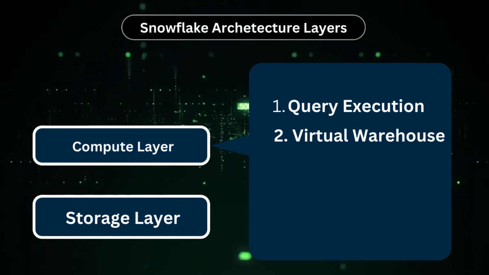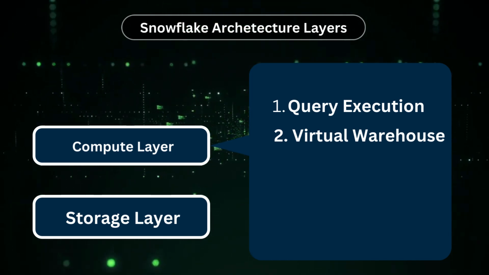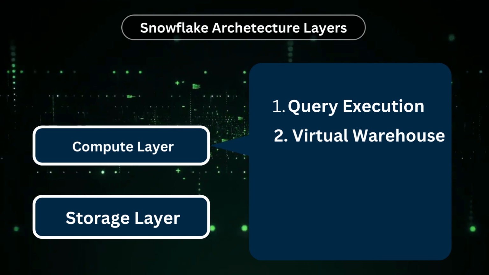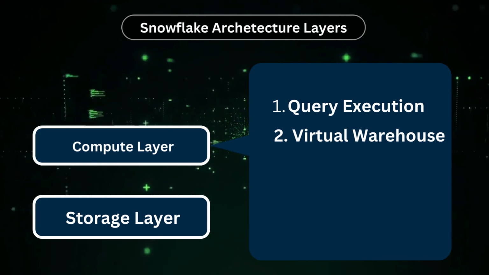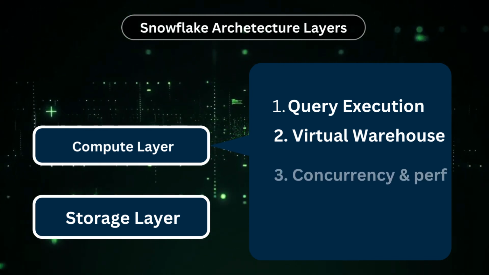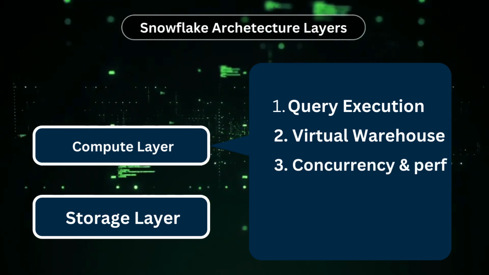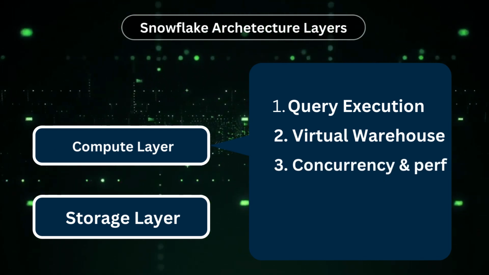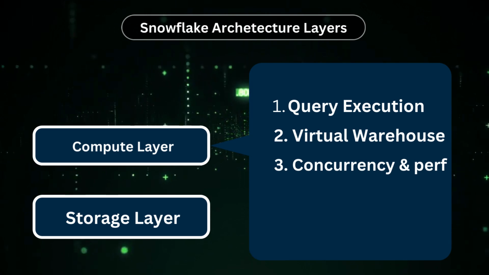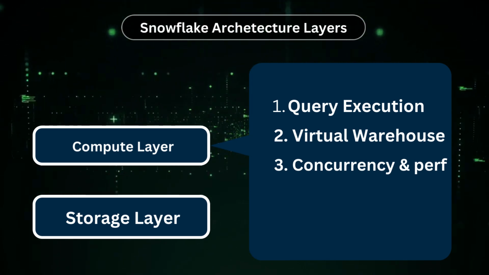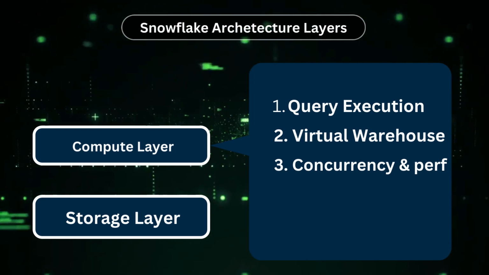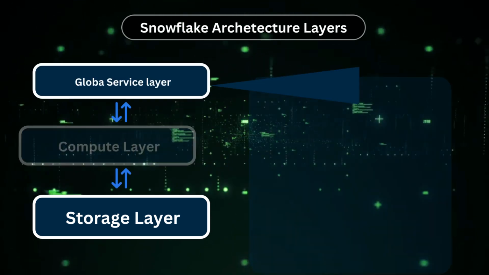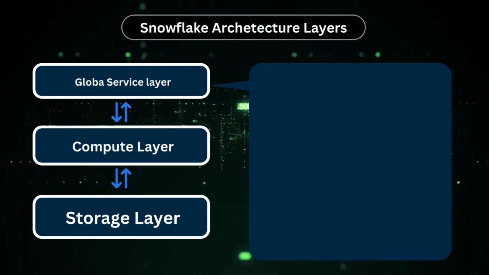Snowflake utilizes virtual warehouses, allowing users to scale compute resources up or down based on workload demands. 3. Concurrency and performance. The compute layer ensures high concurrency and performance by enabling parallel processing of queries across multiple compute clusters.